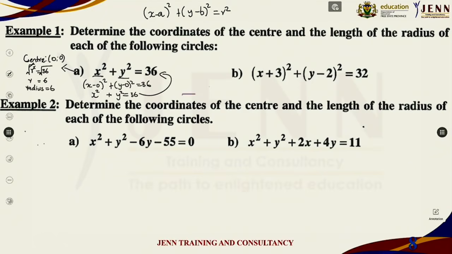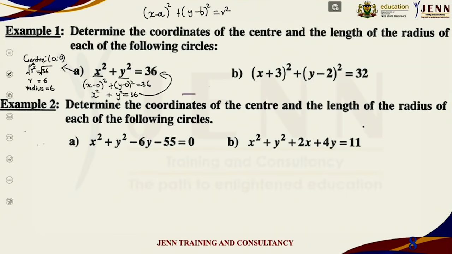Then let us go to B. In B, we are given the equation of a circle: (x plus 3) to the exponent of 2, plus (y minus 2) to the exponent of 2, equals 32.